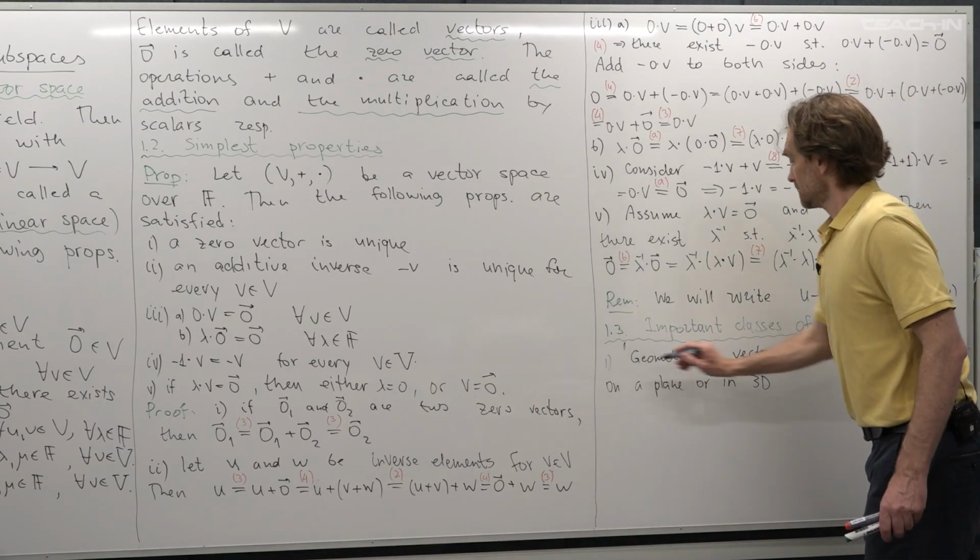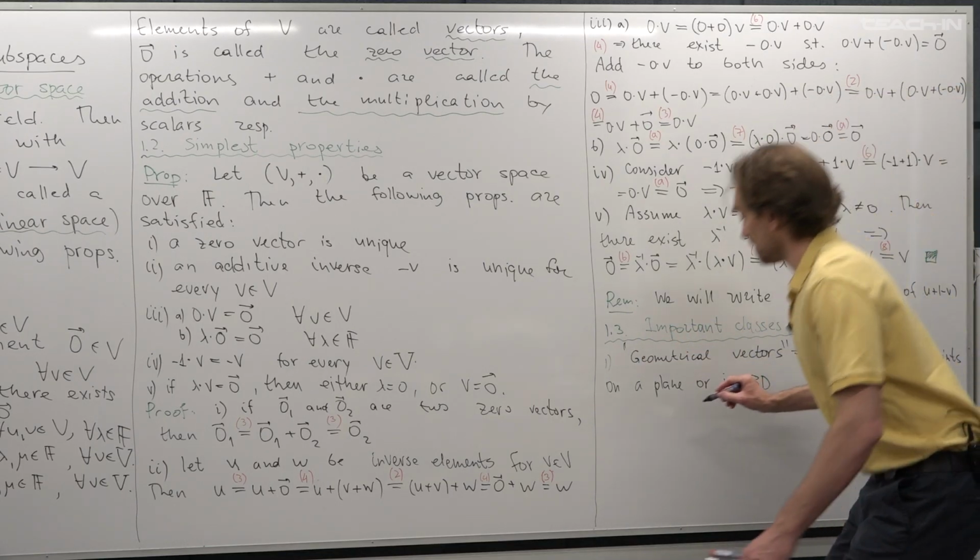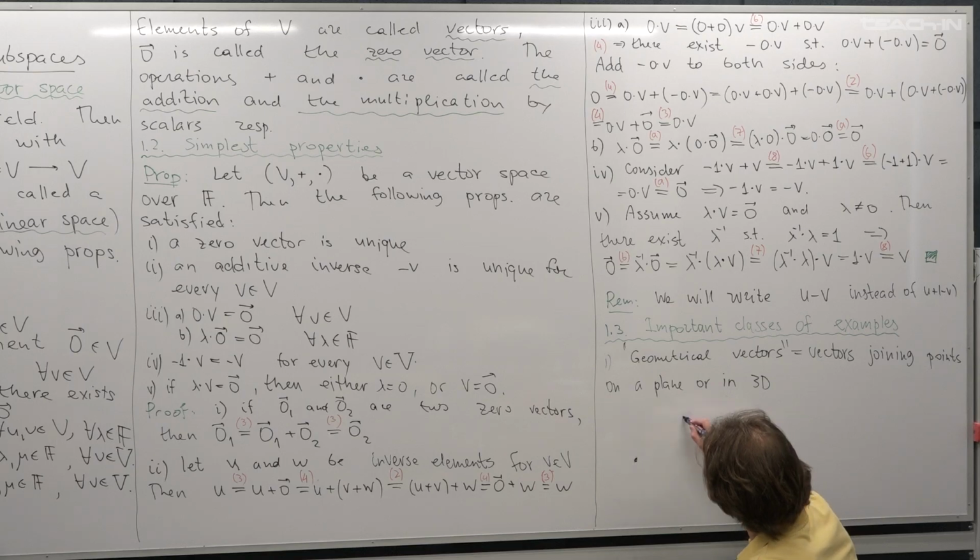So geometrical vectors. So we can add geometrical vectors. So consider one vector u and then another vector v, right? So we can add them.